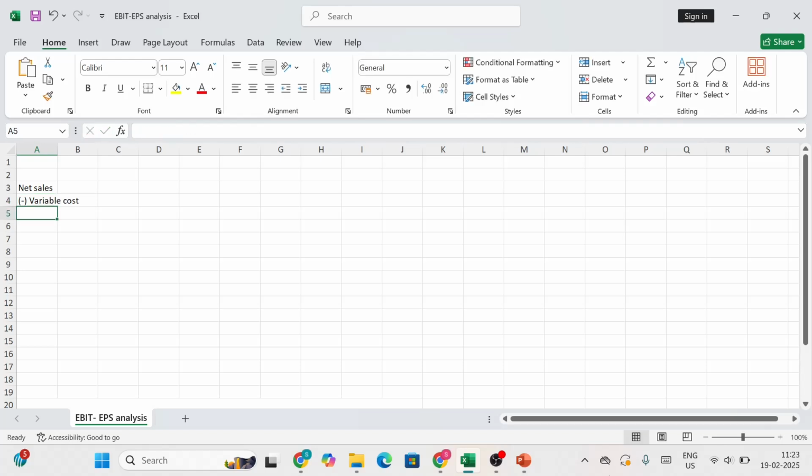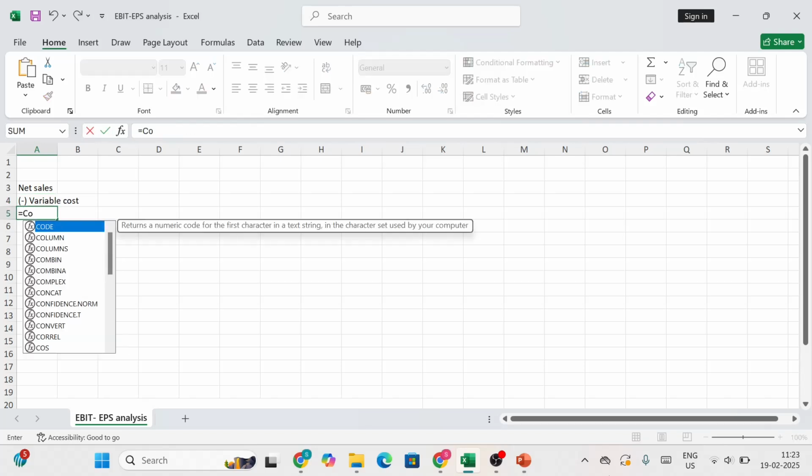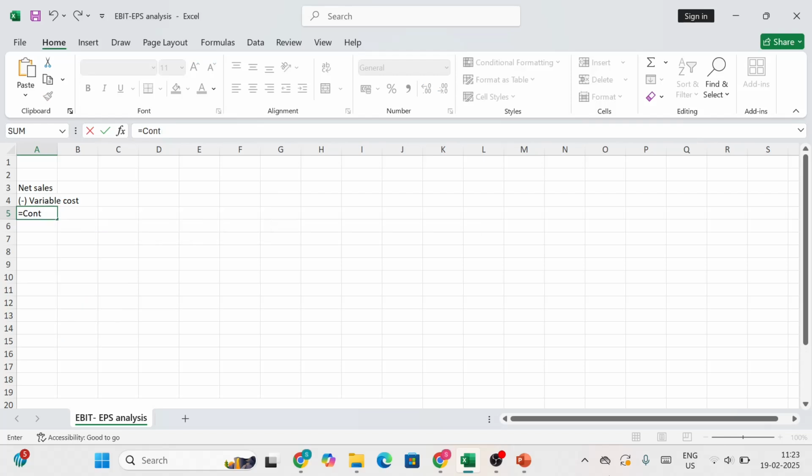After deducting that, we get the value we call contribution. From the contribution, if you deduct the fixed cost, then you get your EBIT. Now, how are these levels going to change? Let us use one example and see the changes.